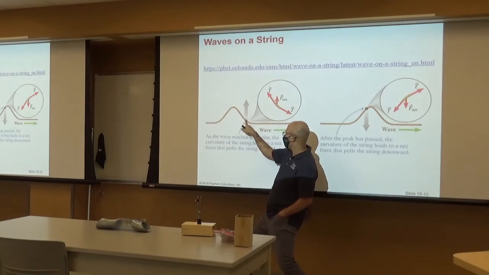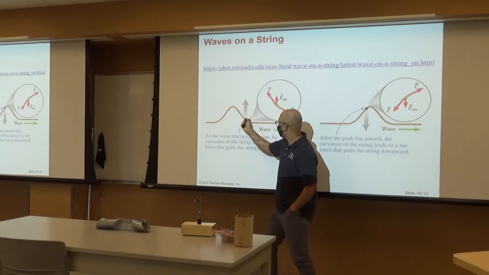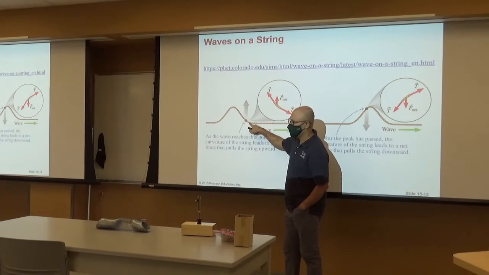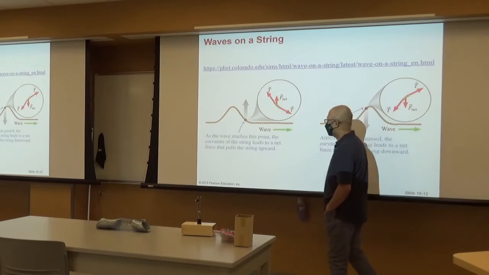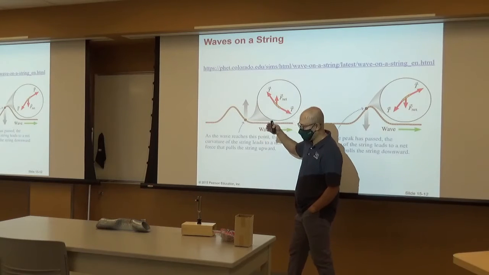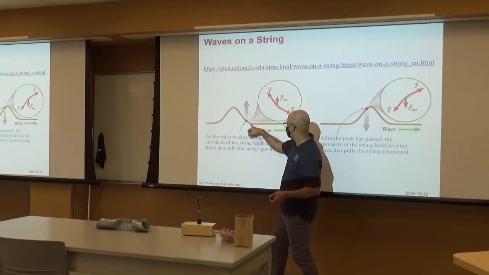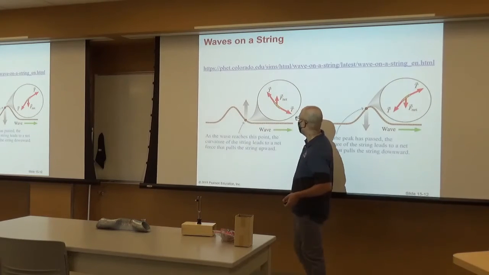When it hits the particle, this part will pull it up, and there is also this part that tries to pull it down because of the inertia of rest. Inertia tries to keep it at rest, at its original state. So there is this downward tension of this part, and this upward tension trying to pull it up, and the net is up.